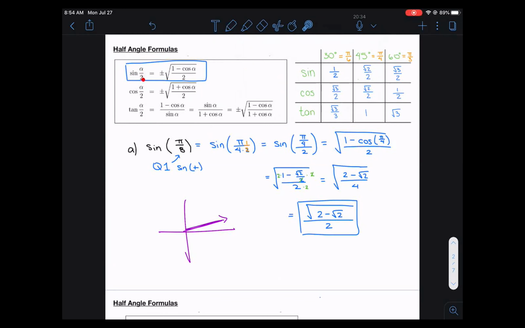Half angle formulas are basically a way of finding the exact value of an angle that might be half its size. For example, here you have sine of pi over 8. There's one easy way to determine if it's a half angle just by looking at the angle. Notice the denominator is 8.